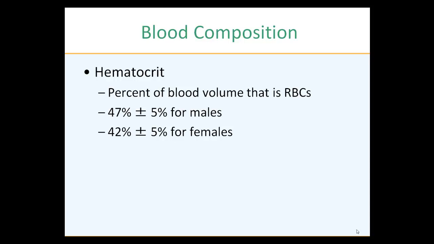There are certain terms you need to become familiar with. One of them is the hematocrit value. The hematocrit value essentially is the percentage of blood volume that is red blood cells. And 47% of the blood is red blood cells in males, 42% is red blood cells in females. And you can see immediately that males have slightly higher red blood cell content, and that's due to several factors.